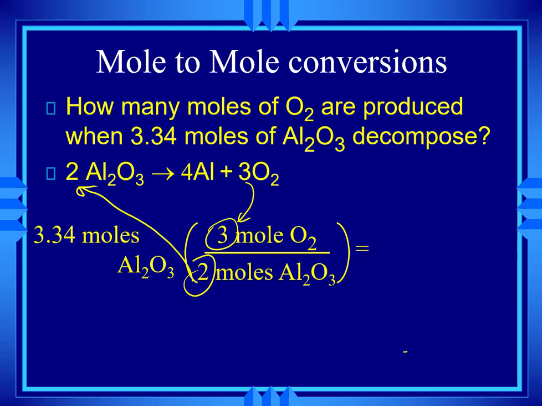Is it ever going to be 2.01? It's got to be an integer, right? It's got to be a counted number. So the ones next to moles are unlimited sig figs. It's exactly 2 and exactly 3, 2.0000 forever. So it's 3, unlimited and unlimited, so my answer should have 3. That works out to be 5.01 moles of O2.